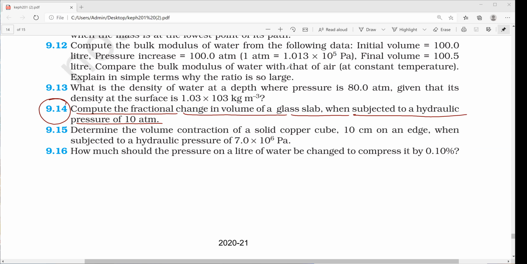9.14. Compute the fractional change in volume of the glass slab when it is subjected to hydraulic pressure of 10 atmosphere. So some constant value they have not given. Which one?